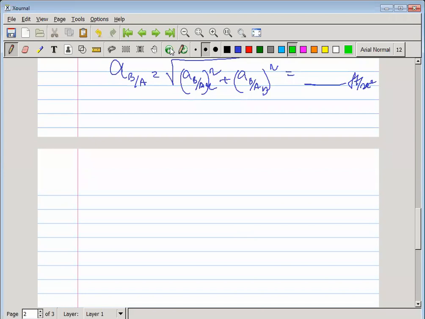Using again the triangle sine formula there.